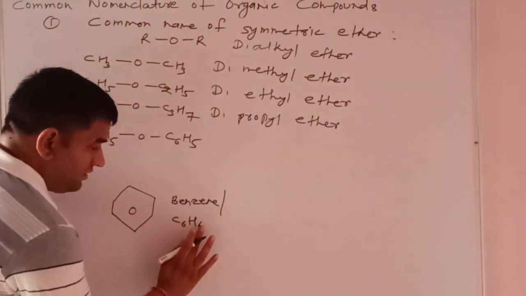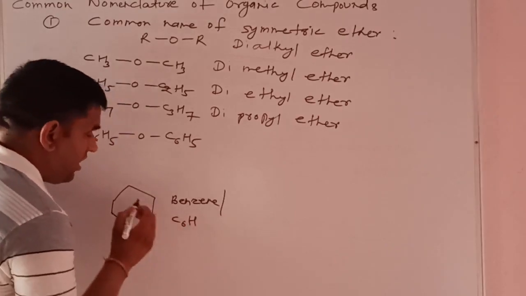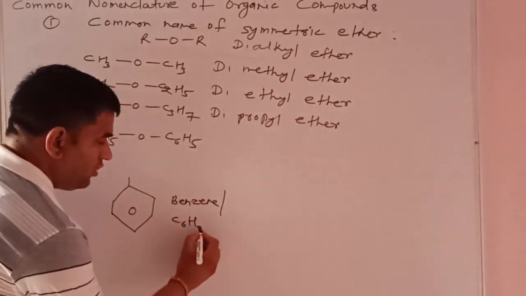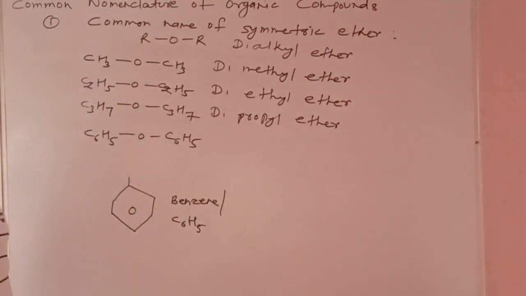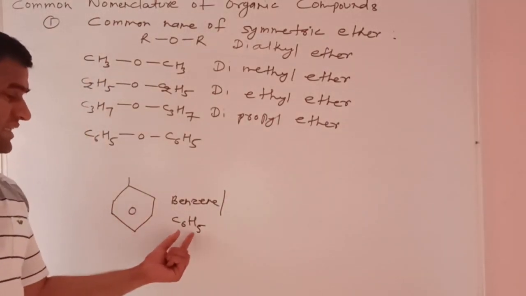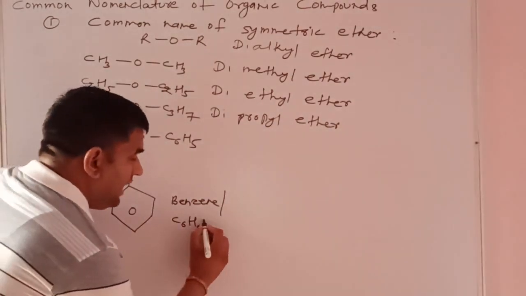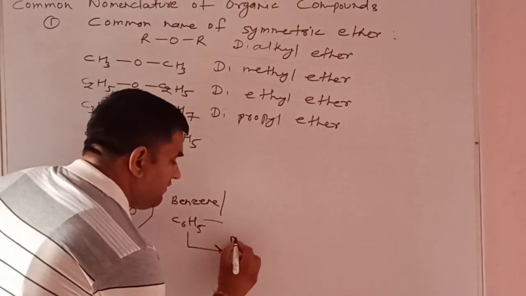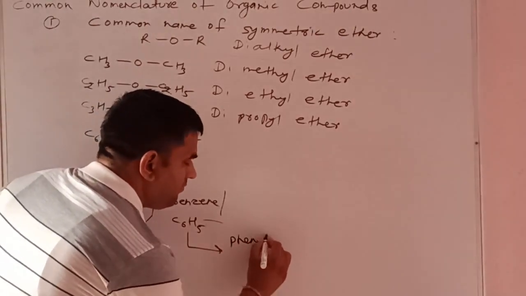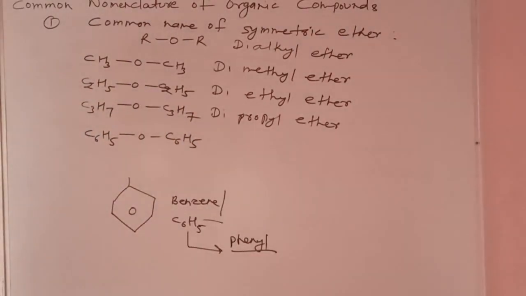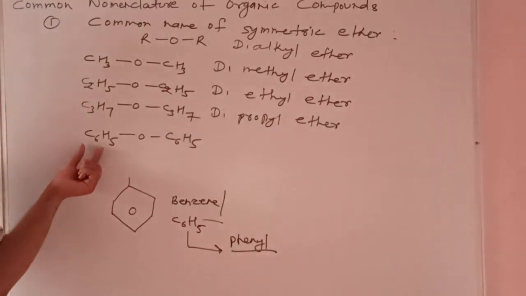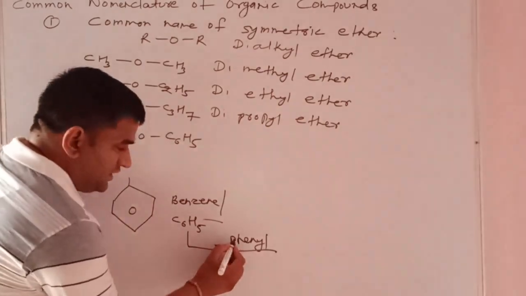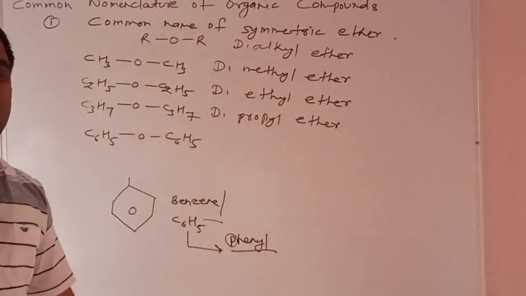Now one hydrogen of benzene is removed. So the molecular formula of this group is C6H5, and C6H5 is known as phenyl. So the C6H5 group is known as phenyl group, and the spelling of phenyl starts with P.